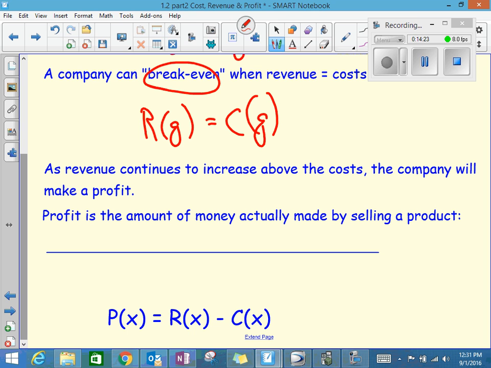As revenue continues to increase above the cost, the company will make a profit. Does that make sense? When revenue is below the cost, you're losing money, right?